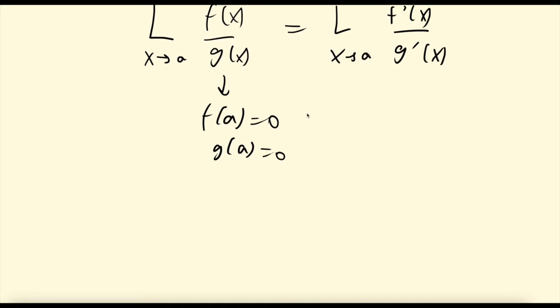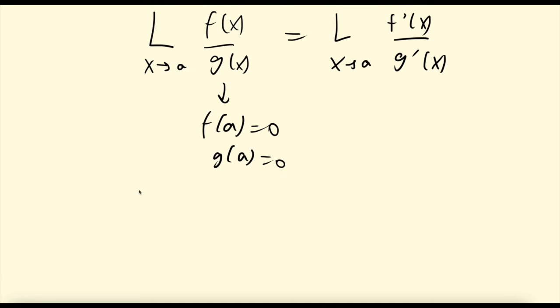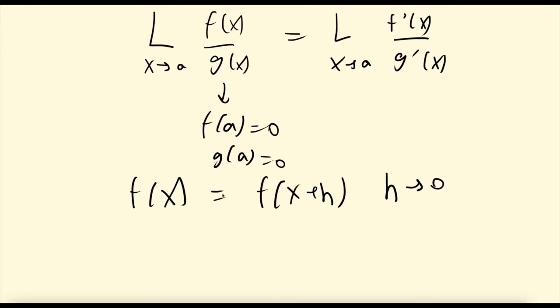Well, for one, we are given that f of x and g of x are continuous at a, and so are f prime of x and g prime of x. So we can see that f of x is equal to f of x plus h, where h tends to 0.